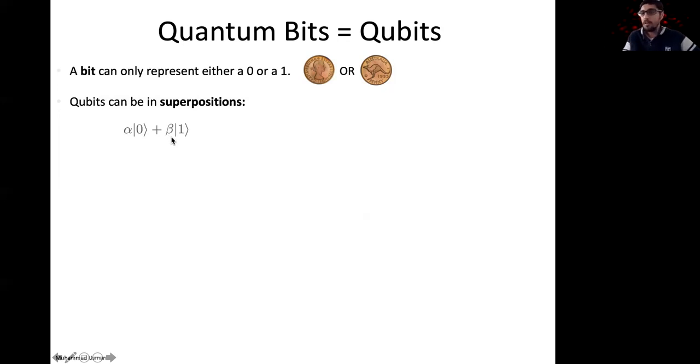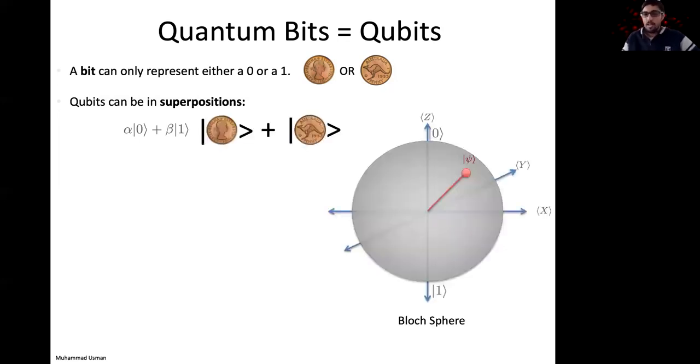This is not available in your classical computer because remember, it can only be 100% 0 or 100% 1. So that is different in quantum computers. Qubits can be in superposition, in any combination of 0 and 1. In other words, you toss a coin and the outcome of the coin toss would be 90% head, 10% tail.